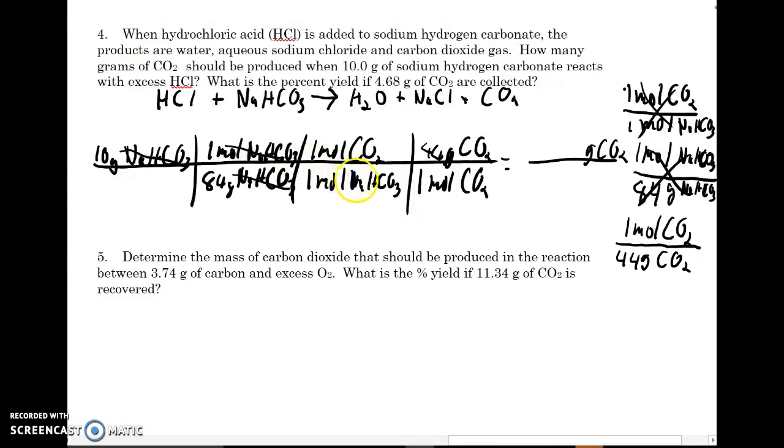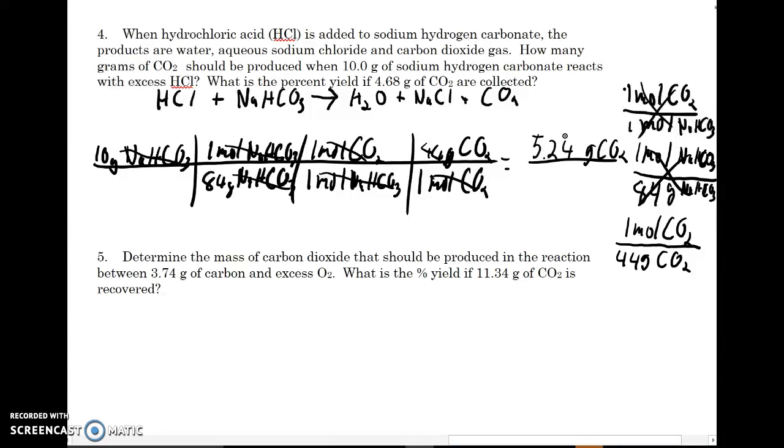Moles of NaHCO3 cancel. Moles of carbon dioxide cancel. I'm left in grams of CO2, and that's what I want to be left in. So that's fantastic. So now all I have to do is my math. 10 times 44 divided by 84, and that gives me 5.24 grams of carbon dioxide gas.